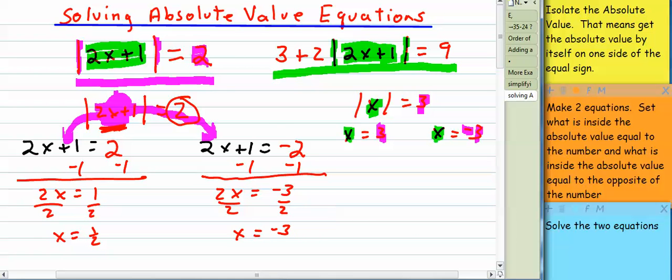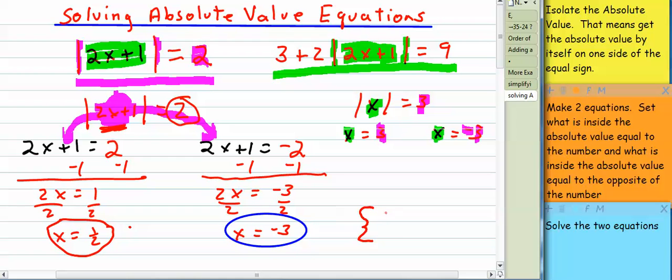Now, when you do this, you get two answers. Normally the answers are written with braces. Not parentheses, not brackets, but the curly braces. And over here, I forgot the 3 halves.